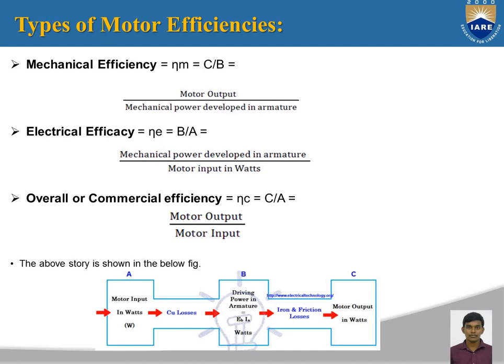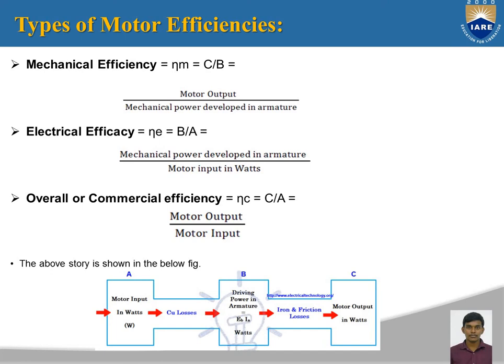These losses are common in all systems. And third is the output. If you want to check the efficiency of the entire system, you simply check C by A. If you want to check the electrical efficiency, you check B by A, because in this you can see there will be only copper losses.